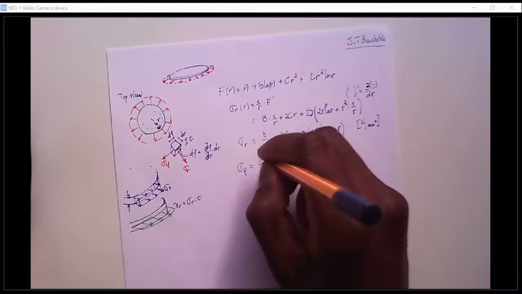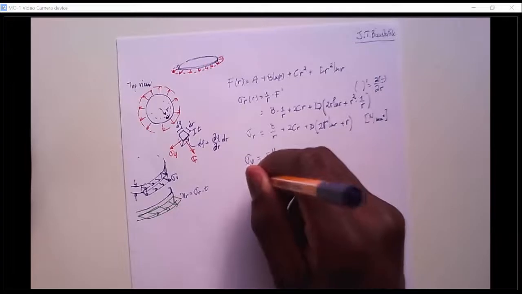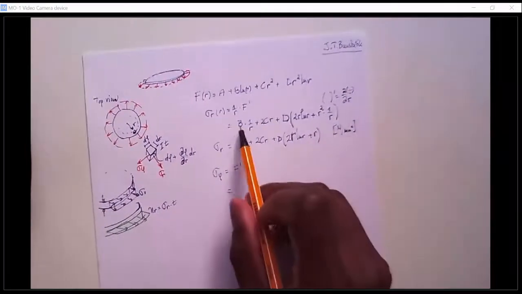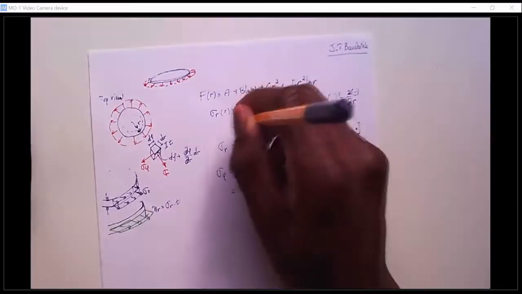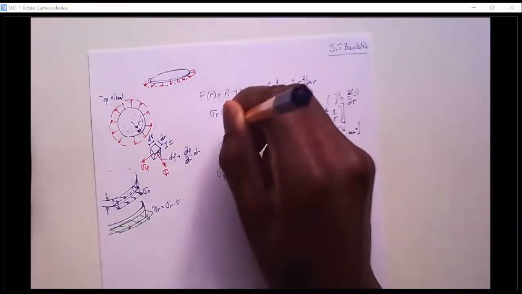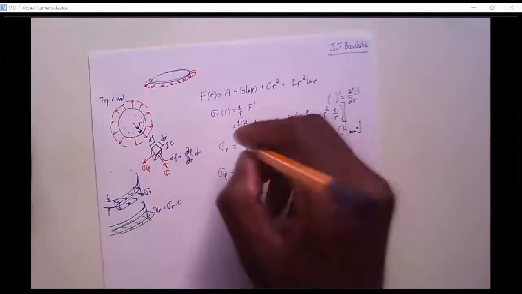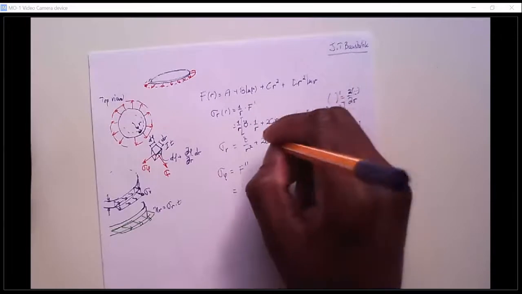Sigma phi is f, the stress function derived twice. So we have derived it here once already. Oh, by the way, I forgot something. I forgot the 1 divided by r. I'm going to put it in the front. 1 divided by r. Okay, so if we do it here, it's going to be b divided by r squared plus 2c.